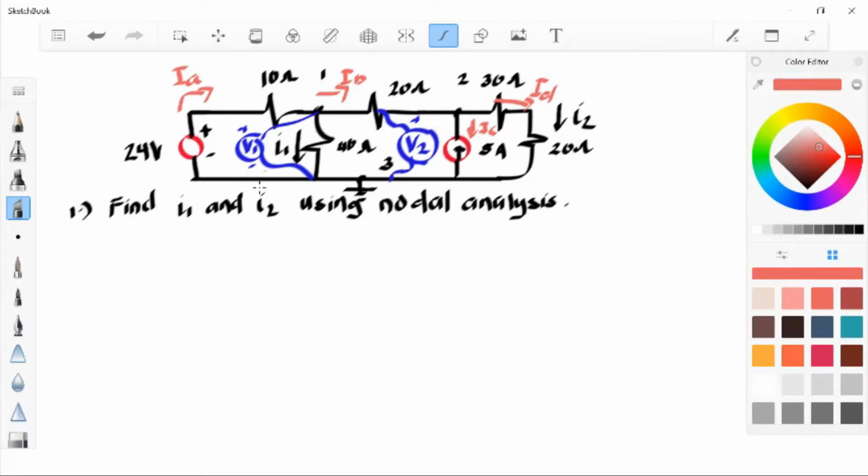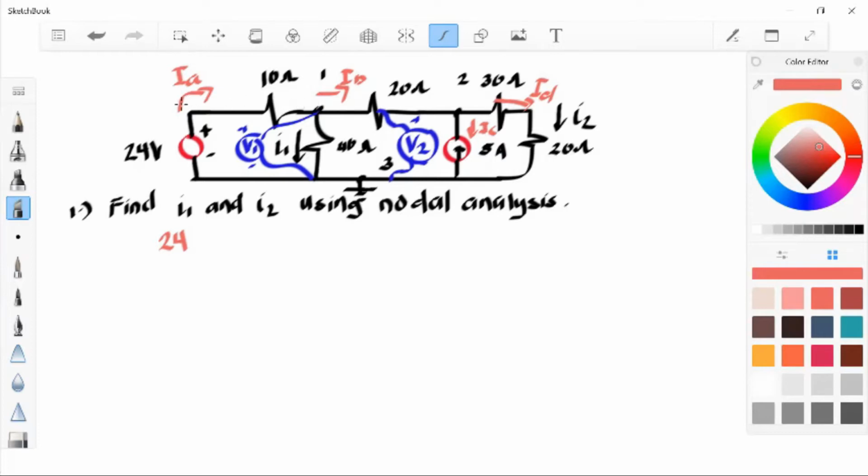If we apply KCL at node 1, this would be 24 volts, because IA is entering, and IB and I1 are the currents leaving node 1.